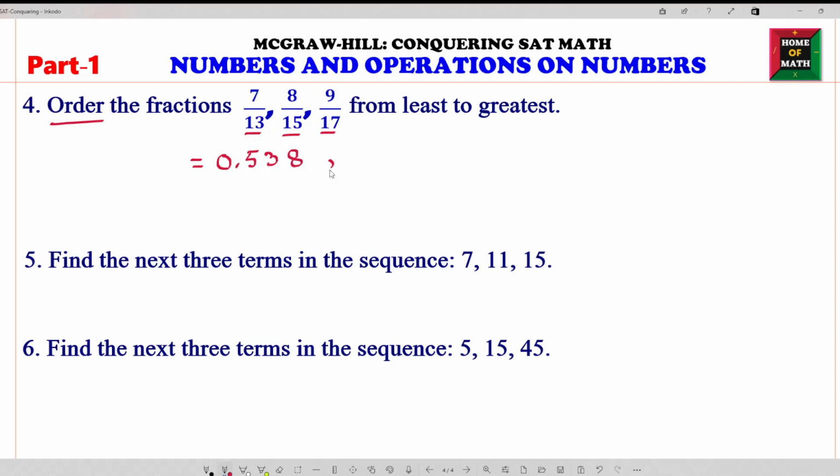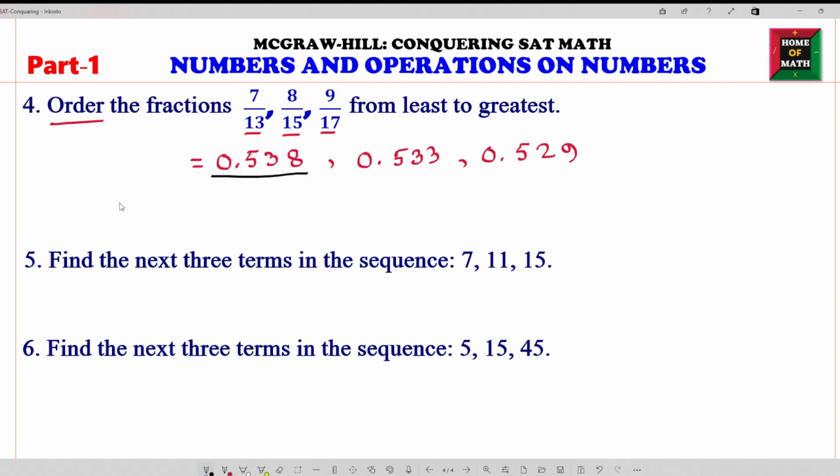Okay, next 8 by 15 is 0.533. Now 9 by 17, this one is 0.529.